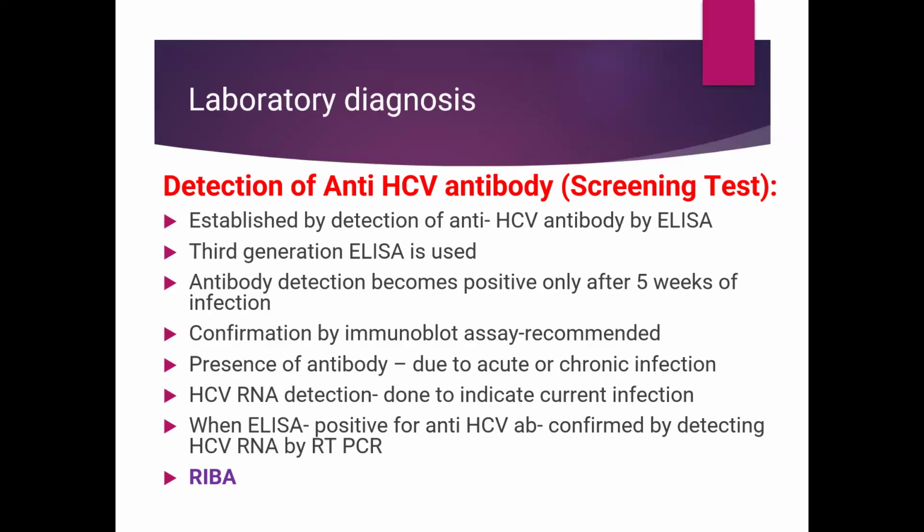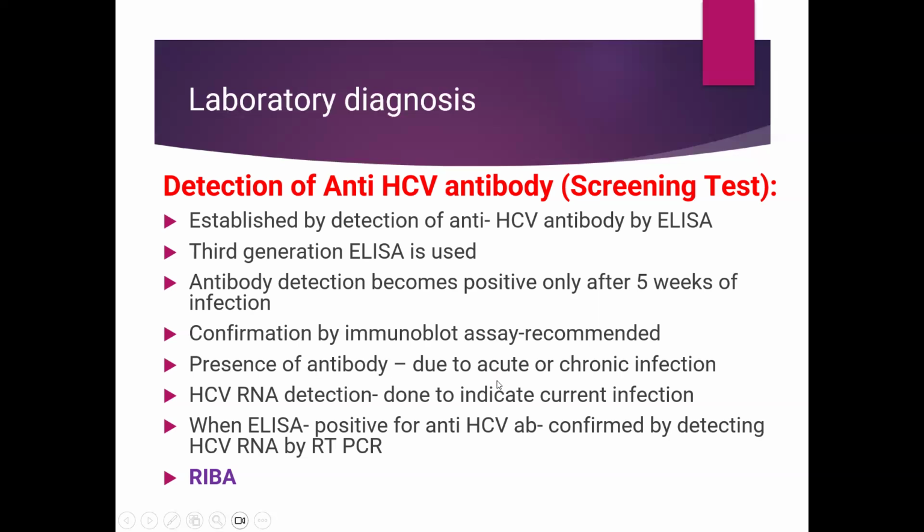Antibody detection is positive after 5 weeks of infection. The presence of the specific antibody can be due to either acute or chronic infection. HCV RNA detection is done to indicate a current infection.